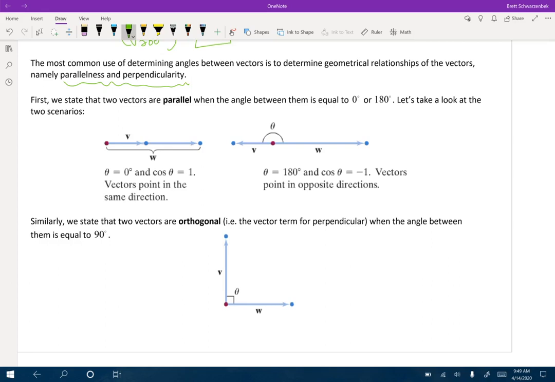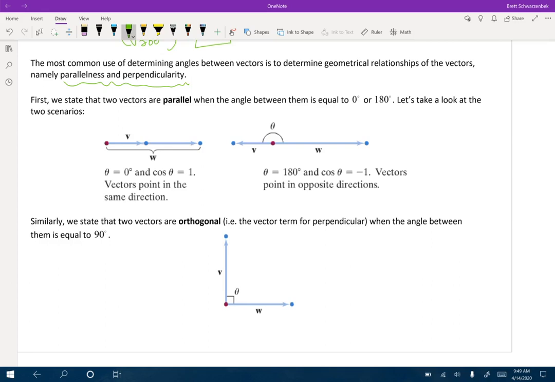You might have done very easy stuff in geometry about two parallel lines, or perpendicular lines, and the angles.